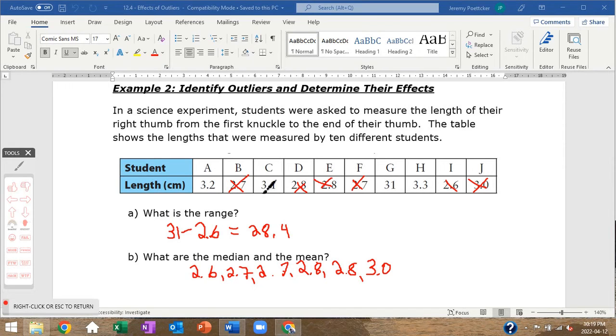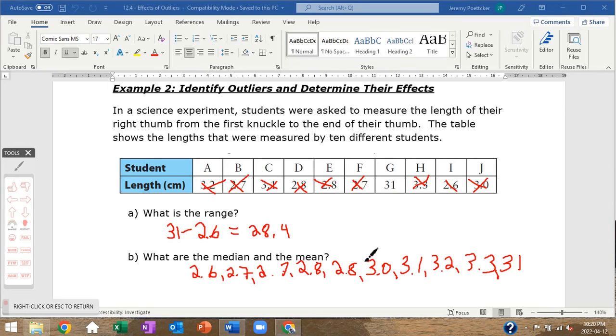Oh, 31, that's not 3.1, but here's a 3.1. Lovely, I have a 3.2. And finally, I have a 31, which, like we've already said, probably doesn't belong.